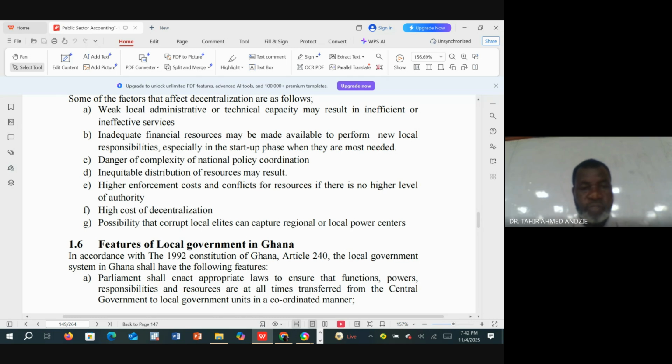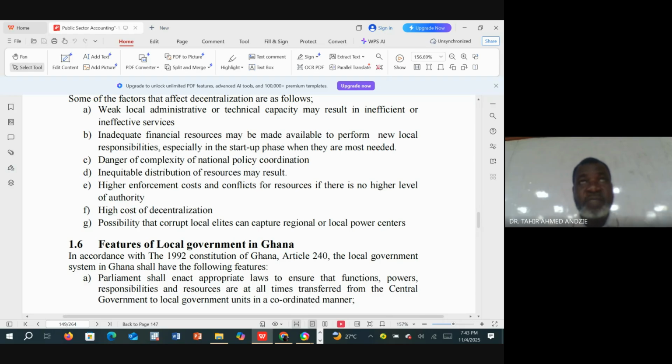Okay, so enforcement. At the district assembly, we have the police, we have the military, you have all the central MDAs' offices there. So if there are not enough resources, you cannot actually enforce certain things. Enforcement cost is a problem.